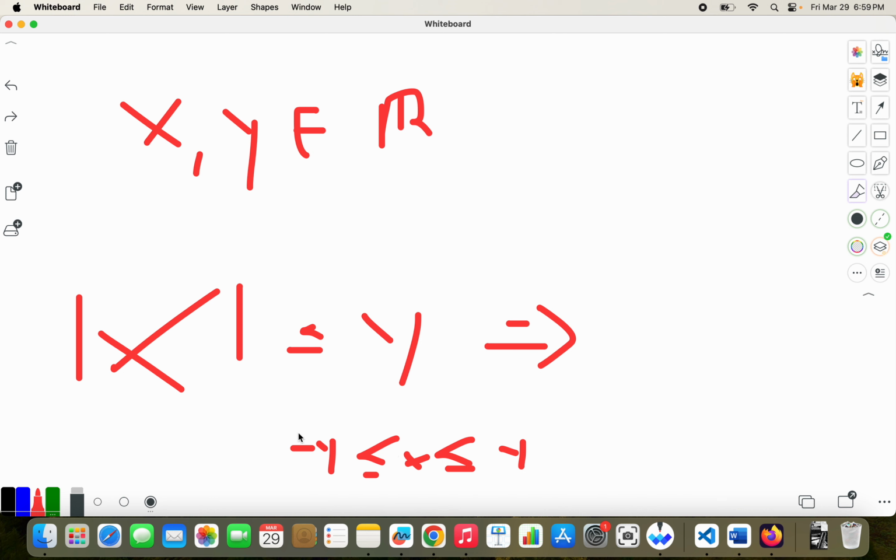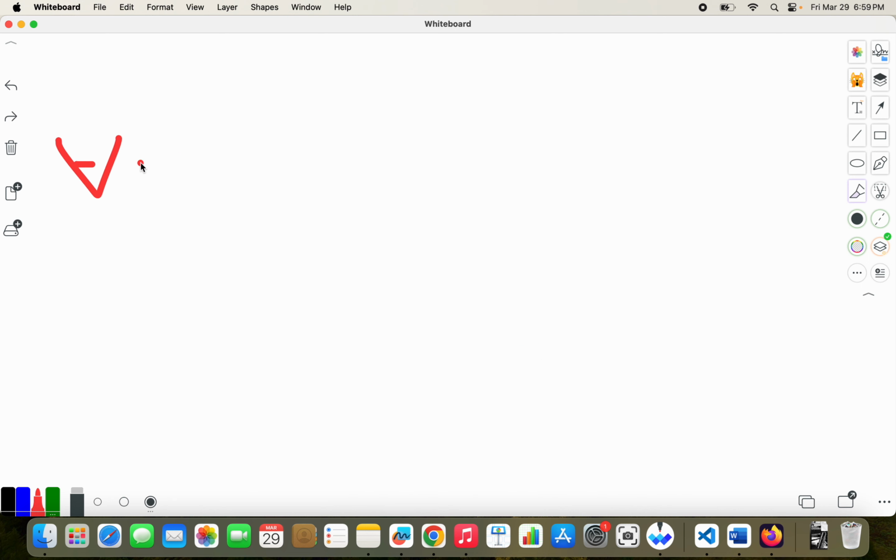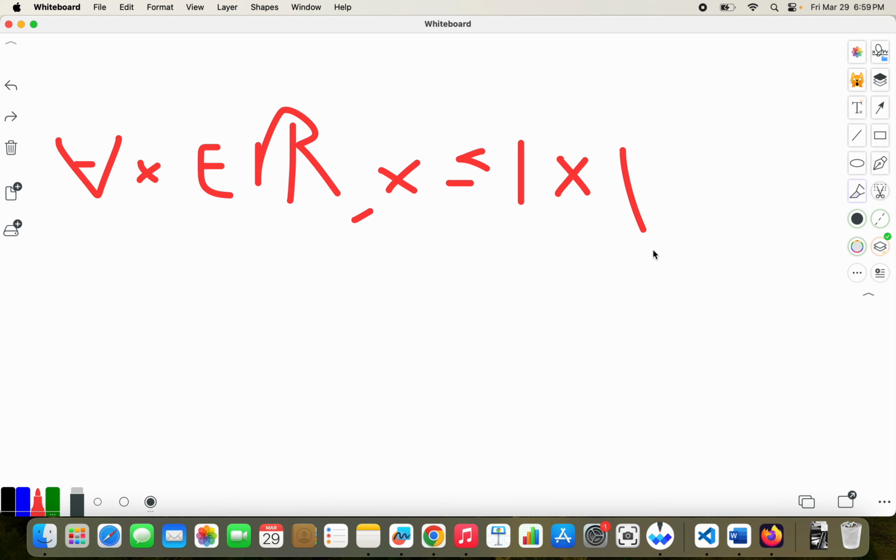So this makes sense, theoretically. And the statement about exponents doesn't work with odd ones. So I'm actually thinking now. For all x in R, it's less than or equal to this.